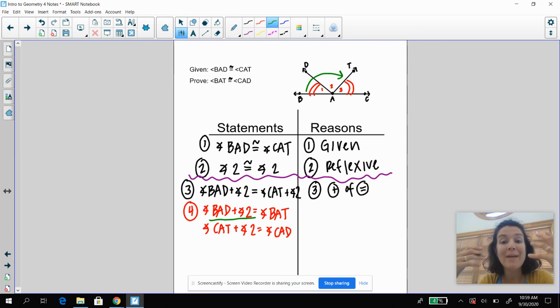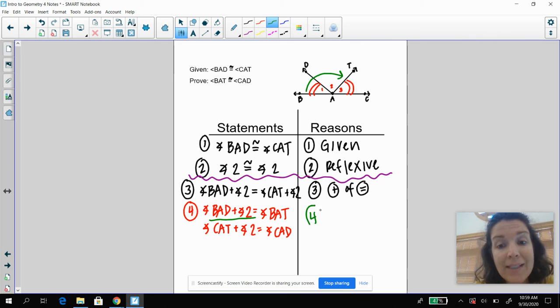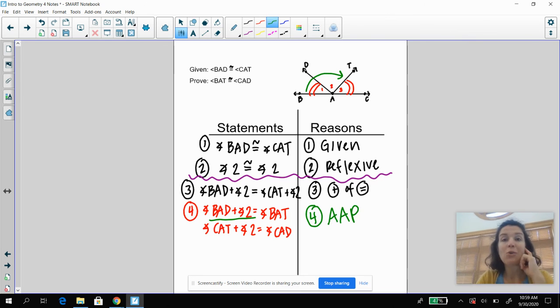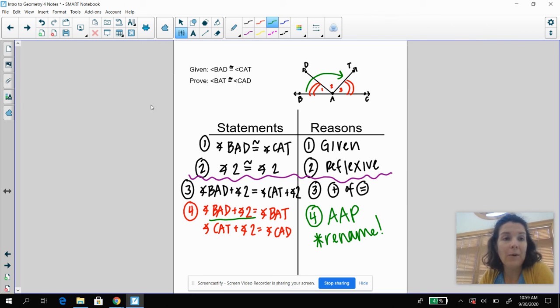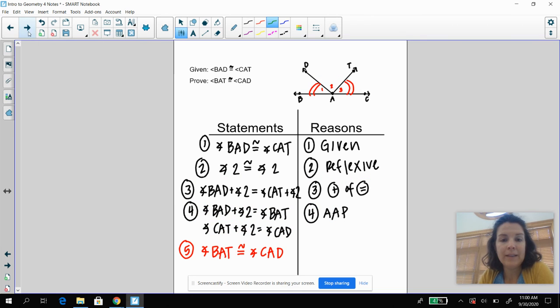You want to call it angle BAT. So whenever we rename something, that's going to be the angle addition postulate. The angle addition postulate and the segment addition postulate are what we use when we rename, and that's a really important concept. All right, on to the next one.